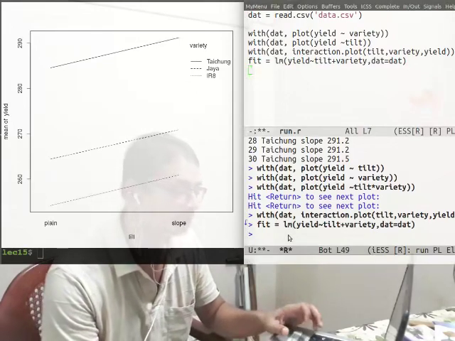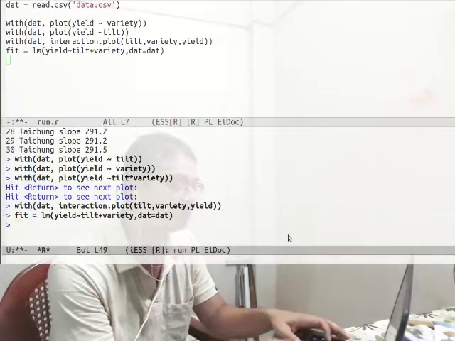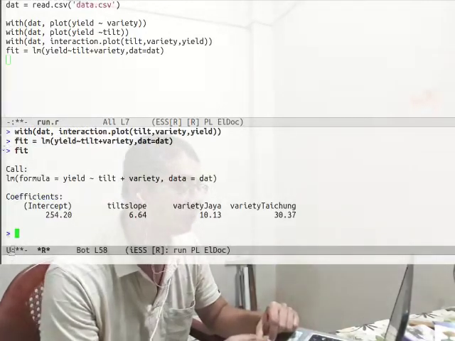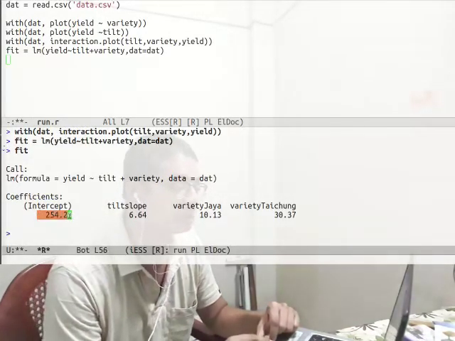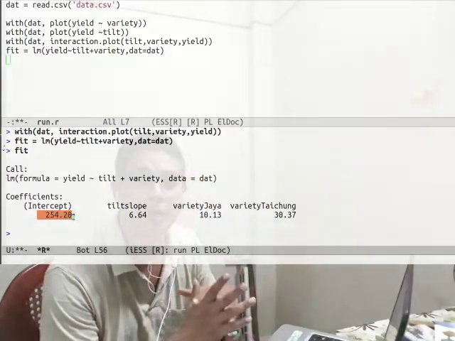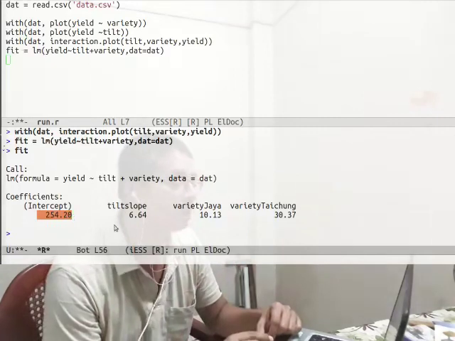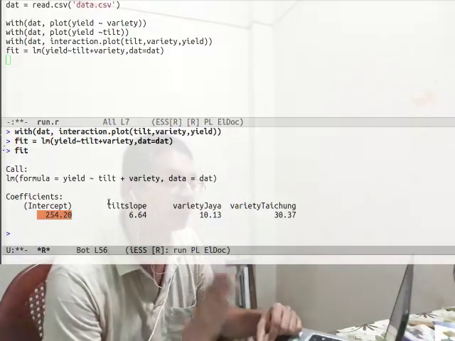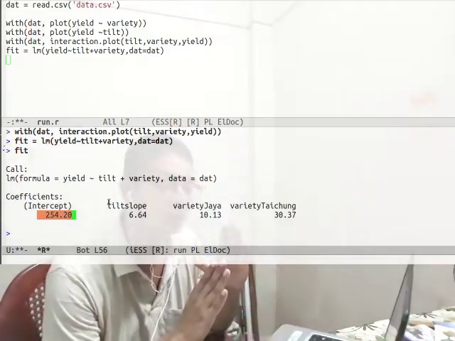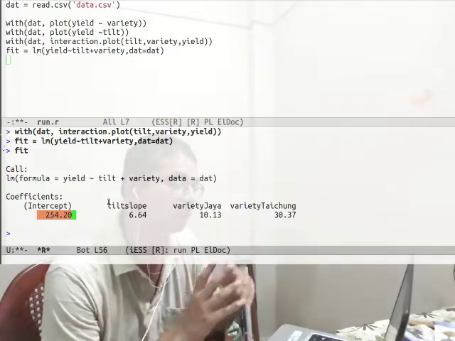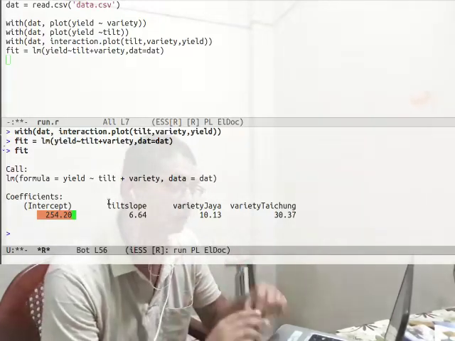So let's take a look at the fit. I get these values, coefficient, intercept is given. Remember, the model is mu plus alpha i plus beta j. Now I have got two types of tilts, and the first one will be dropped by R, that is, it will estimate that coefficient forcefully as 0, so it will not report that.